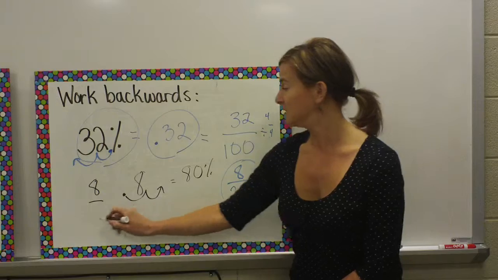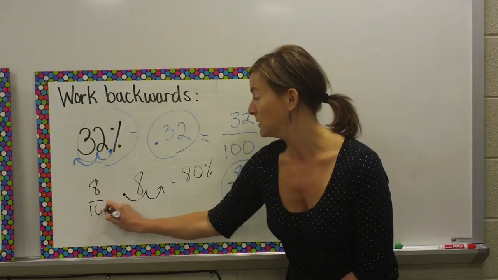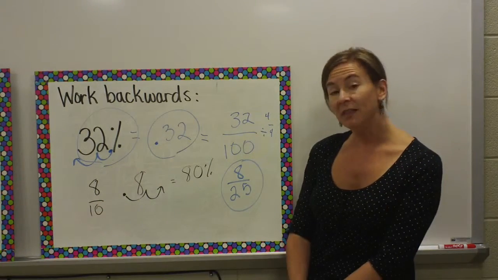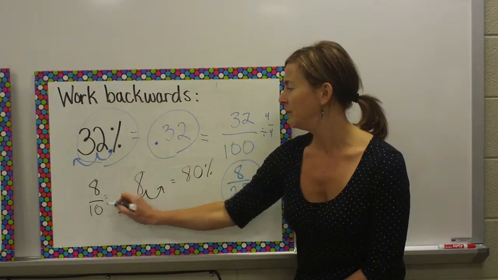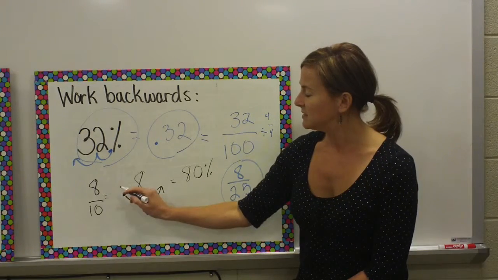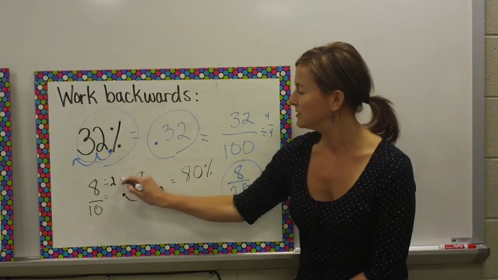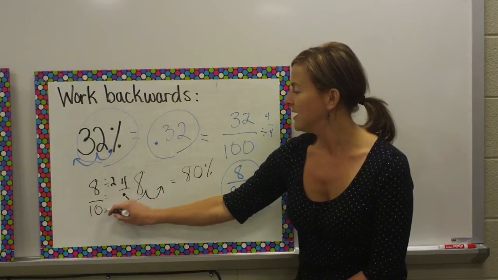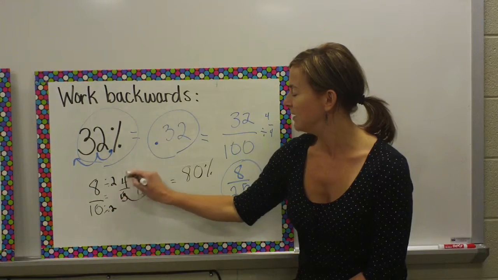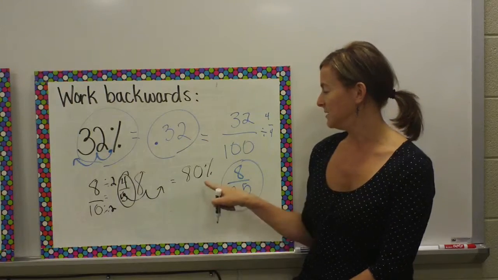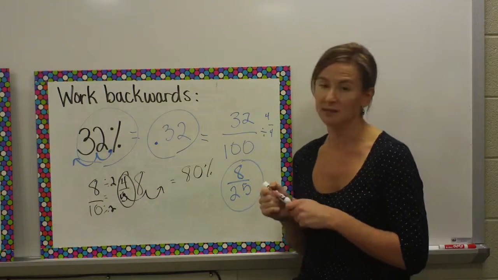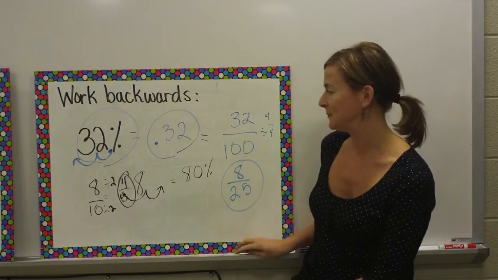It's 1 place, so it's a 1 with 1 zero, 10. And then I would simplify that by dividing by 2. 8 divided by 2 is 4. 10 divided by 2 is 5. So 4/5 is the same as 80%, or 8/10.